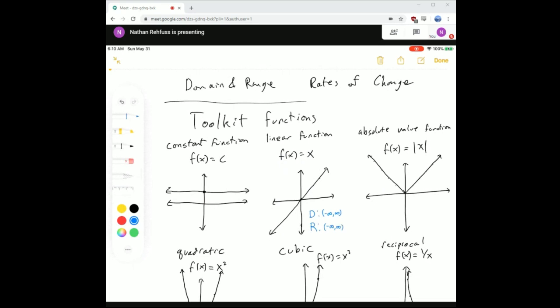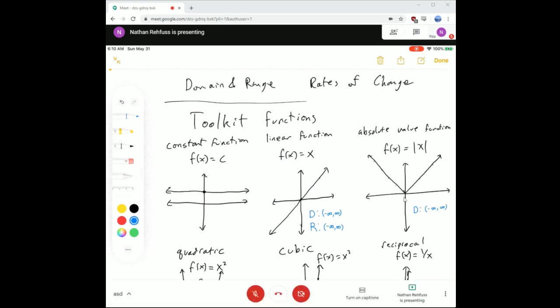For the absolute value function, I'm going to do this one next. The domain is still all real numbers. So there's no number I can't plug in. But now the range is limited. There's no way to get a negative number out of the absolute value function. The smallest number I can get is 0. I can get a 0, and I can get any positive number.